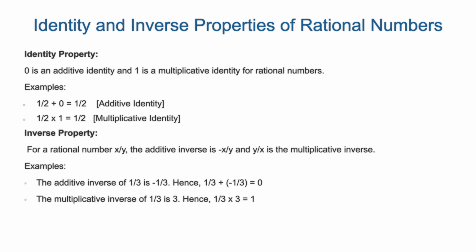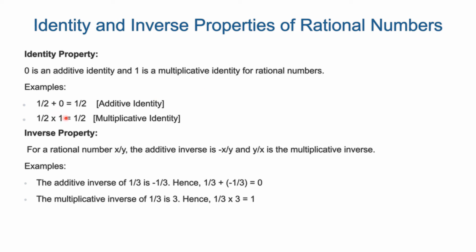Now we have the identity and inverse properties of rational numbers. What is the identity property? 0 is the additive identity and 1 is the multiplicative identity. What does this mean?